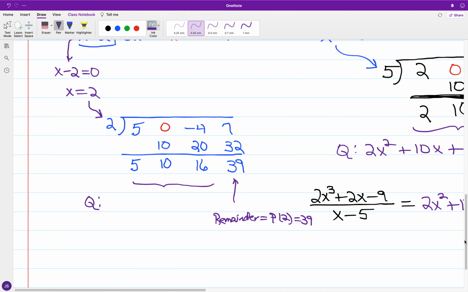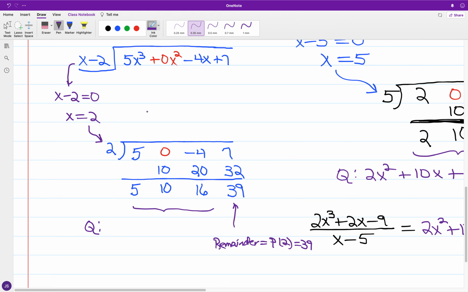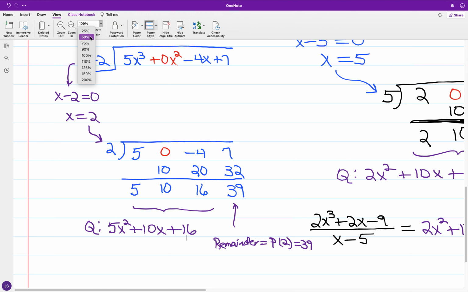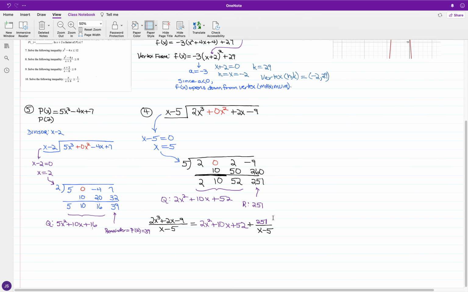And again, we have the quotient. We started out with a dividend of 5x cubed, and the quotient is going to be one degree less. So the quotient will be 5x squared plus 10x plus 16. You had this function, and the remainder we have to be p of 2.